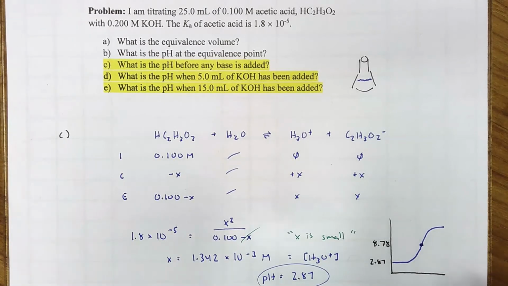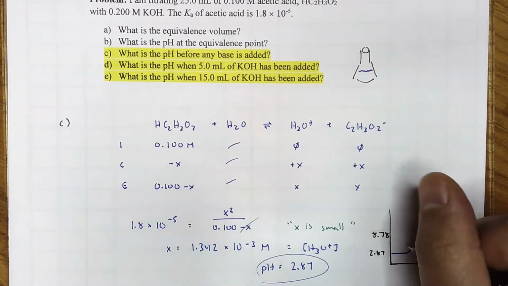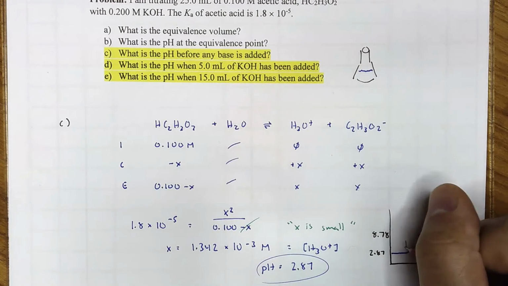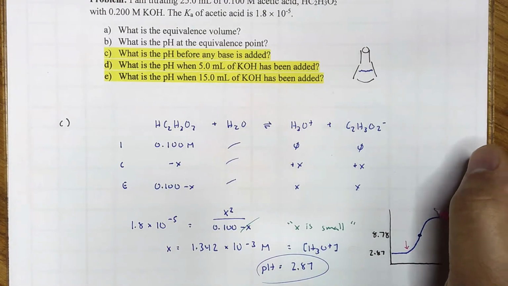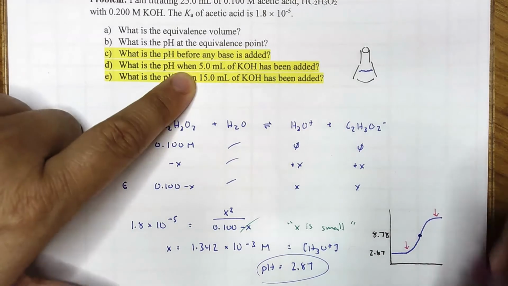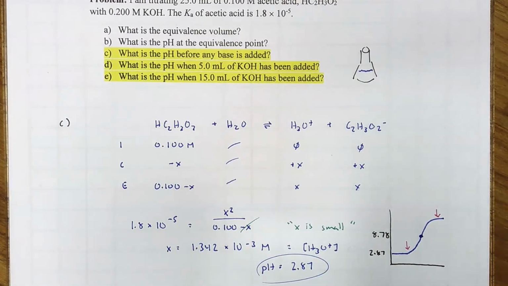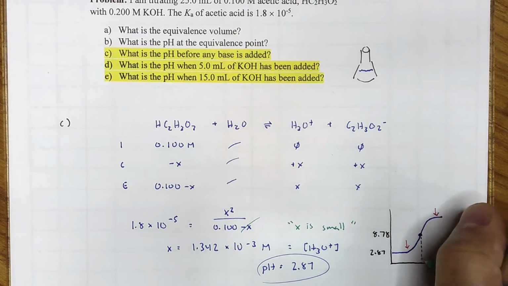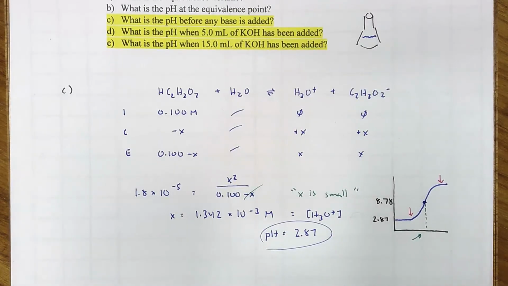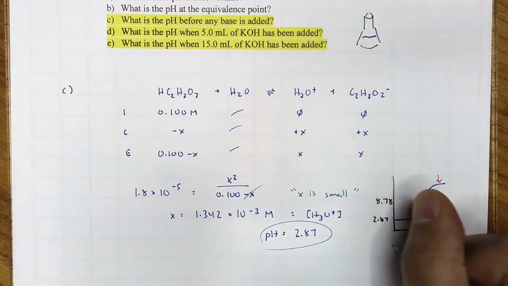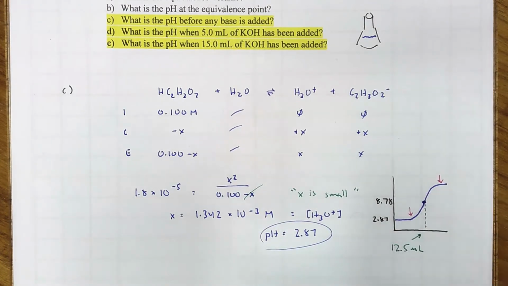D and E. They want it before the equivalence, so here maybe, and for E at 15 milliliters above equivalence. Oh, so we do need to pick up the equivalence volume, just in case. That was 12.5 milliliters.